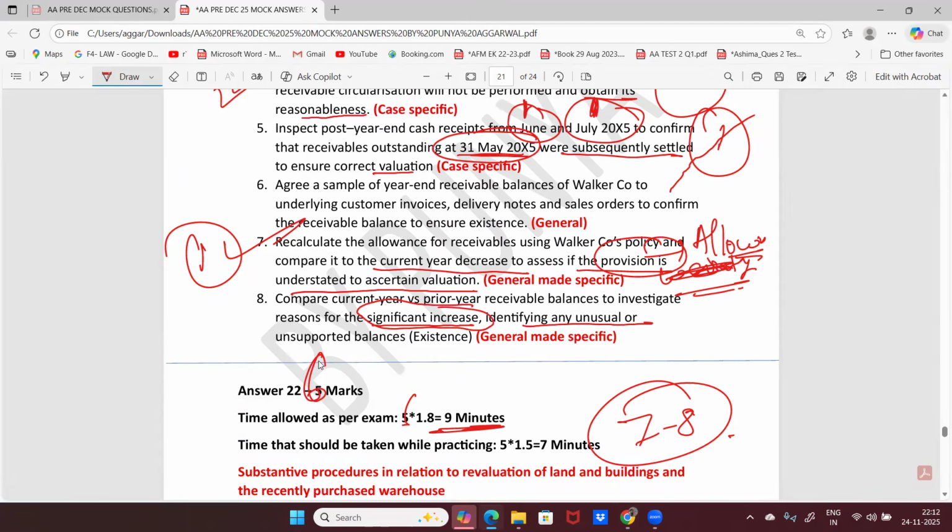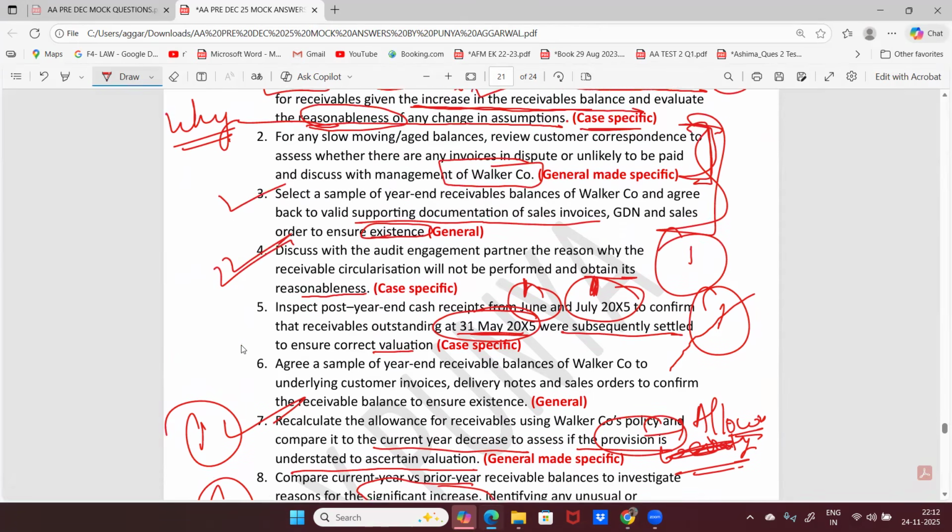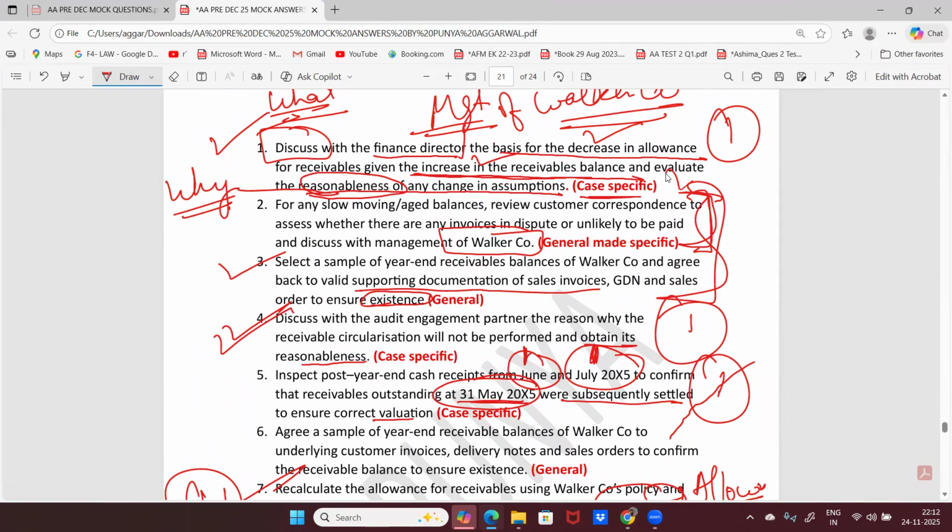Identifying any unusual or unsupported balances to check the existence for the same, right? So this is general, again made specific. I've used the general which I find in any other answers, and used the same terminologies from the question to make it more case specific. Again, 1 mark for this one as well. So if you see, I've written how many as per the case. I've written 1 here.